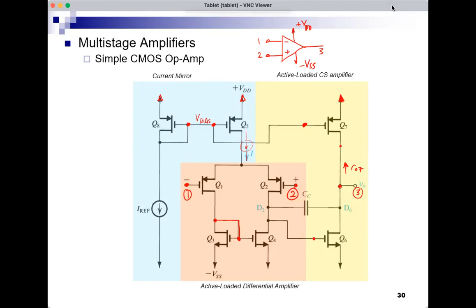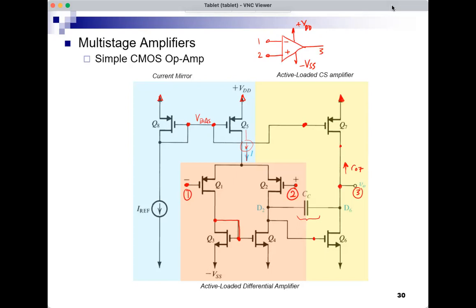So that's what's inside this op-amp. This is a simple implementation of an operational amplifier. You may notice that there is this capacitor here that we're showing. We're not showing any other capacitor.